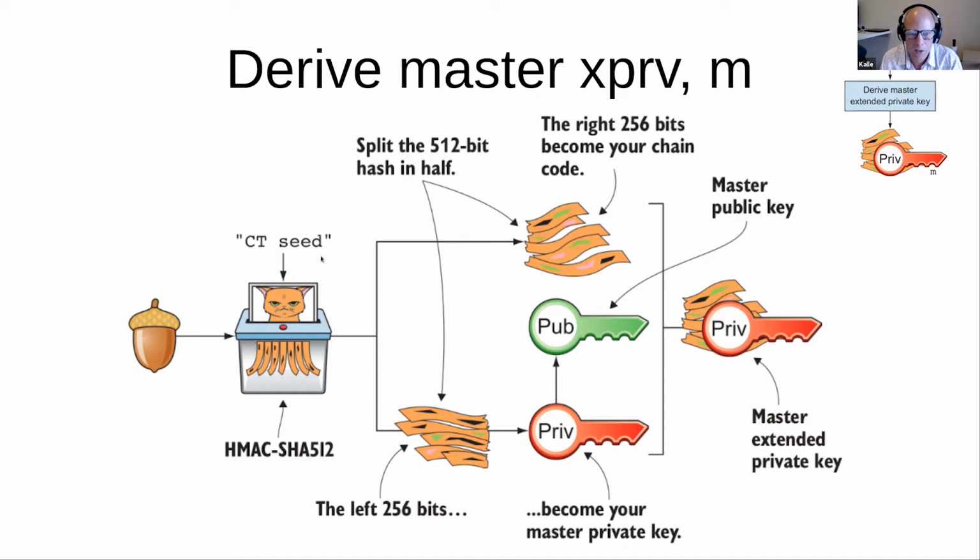In this case, it's just a hard-coded value; in Bitcoin, it's "Bitcoin seed". And the output is a 512-bit number. I won't go into detail on what this is. You can just view this as you hash this seed and this key together and get an output.